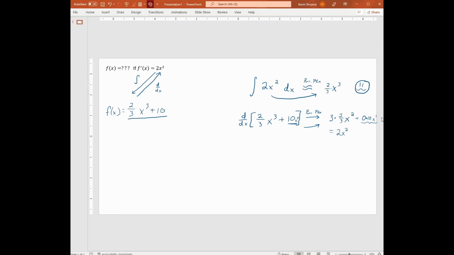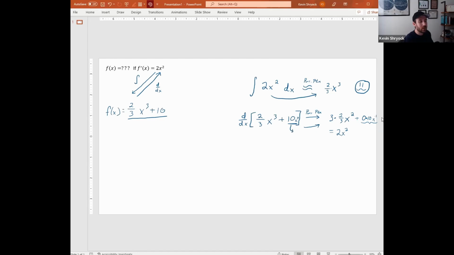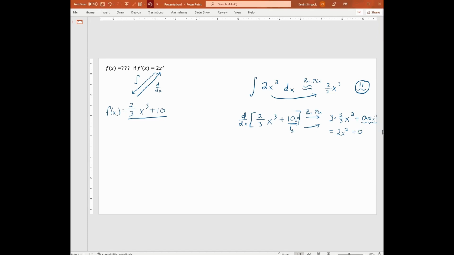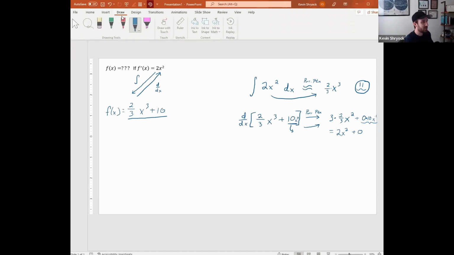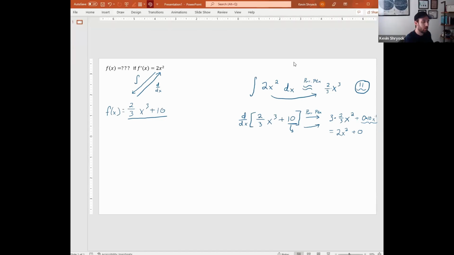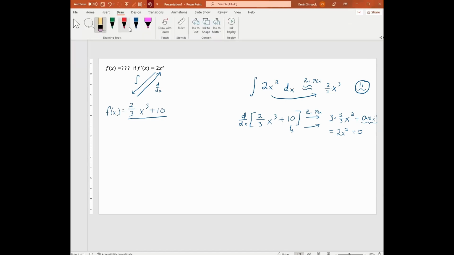Yeah. And also notice that the 10 went away through the derivative. It became plus 0, right? Does it make sense that 10 doesn't change? Yes. I mean, isn't 10 called a constant? Like constant of what?